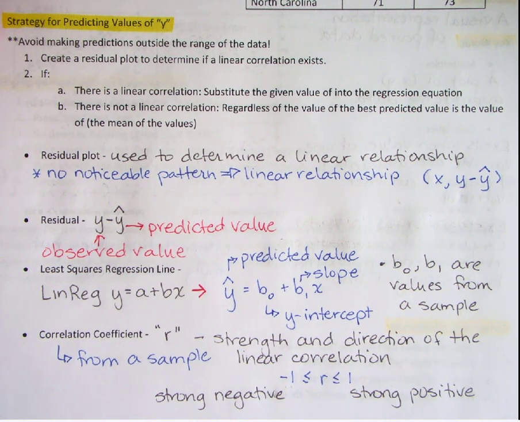We can have decimal values. We could be exactly -1, exactly +1. But if we are exactly -1, or as we get super close to -1, that means we have a strong negative linear correlation. And if we are exactly 1 or getting super close to +1, that means we have a strong positive linear correlation. And as we get closer and closer to 0, that means that we have no correlation.